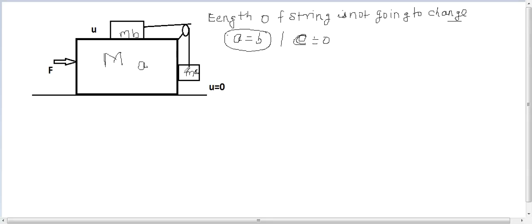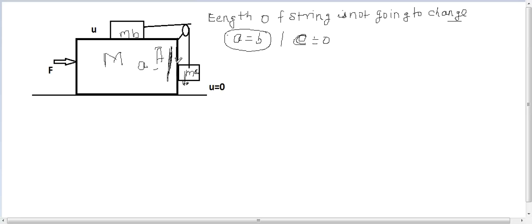Okay, guys, if it accelerates in this direction, then there will always be relative motion, because this bigger block A cannot move along this plane, along this direction.